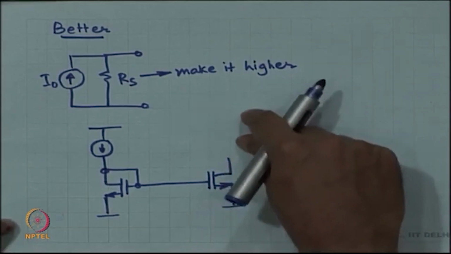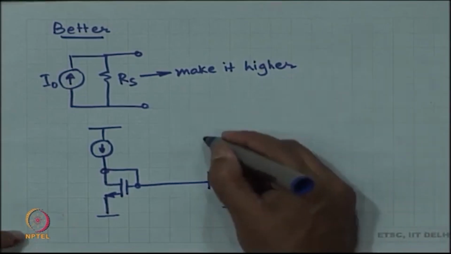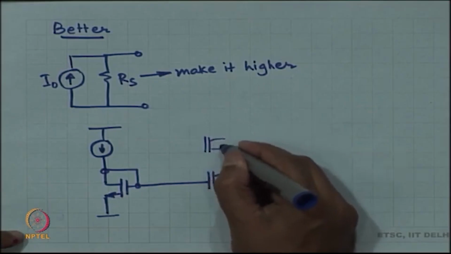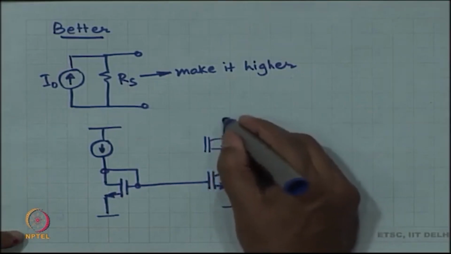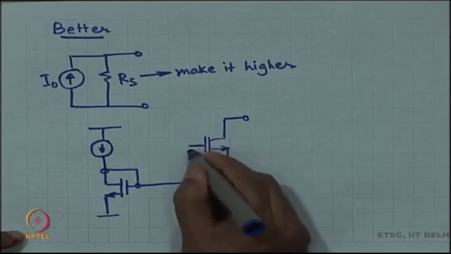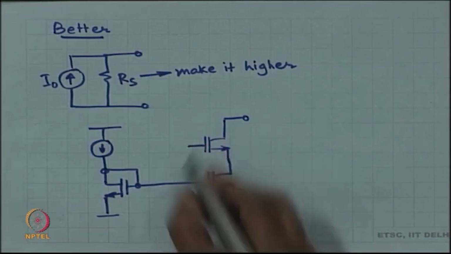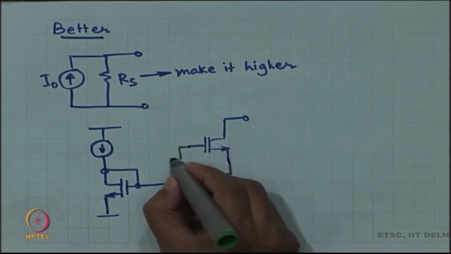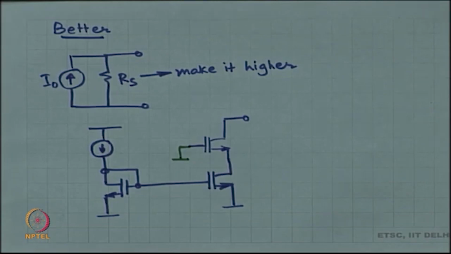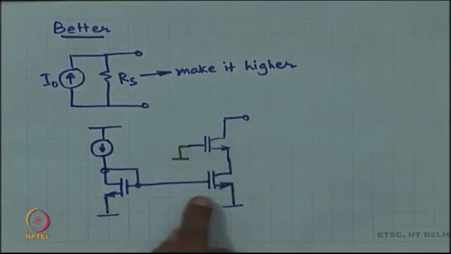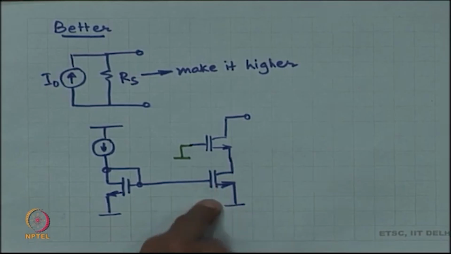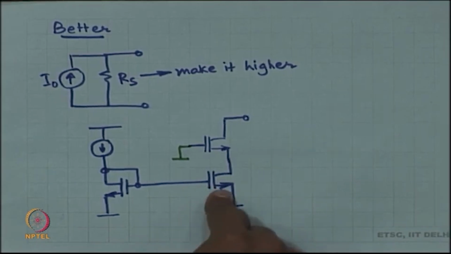A common gate stage was a current controlled current source. So, if I add a common gate stage on top of this basic current source, then what is going to happen?